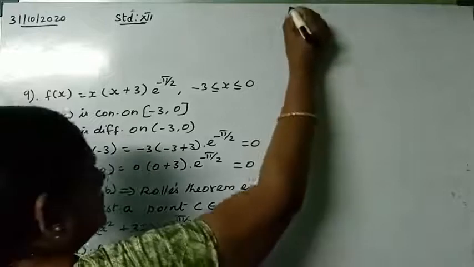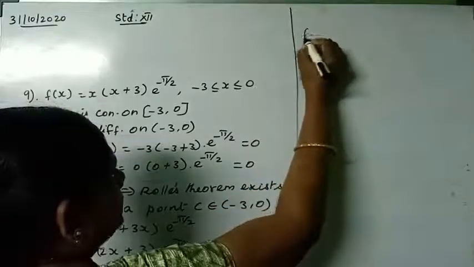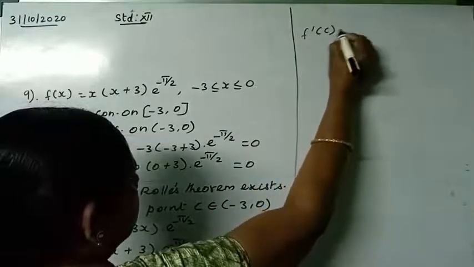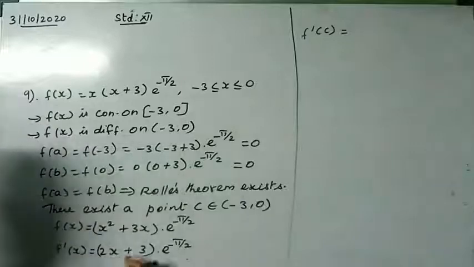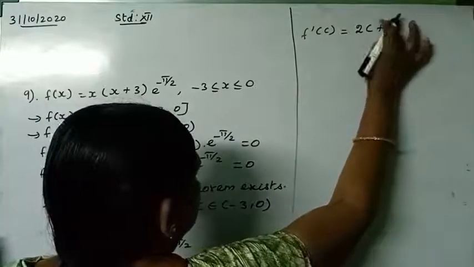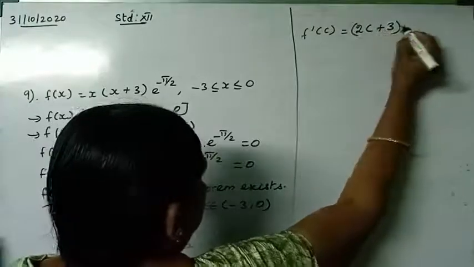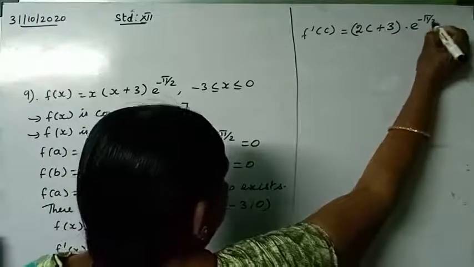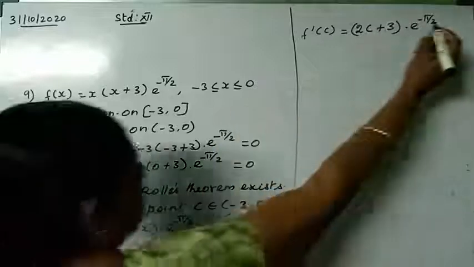So by Rolle's theorem, we want f dash of c equals, remove x and put c, so 2c plus 3 into e power minus pi by 2 equals 0.